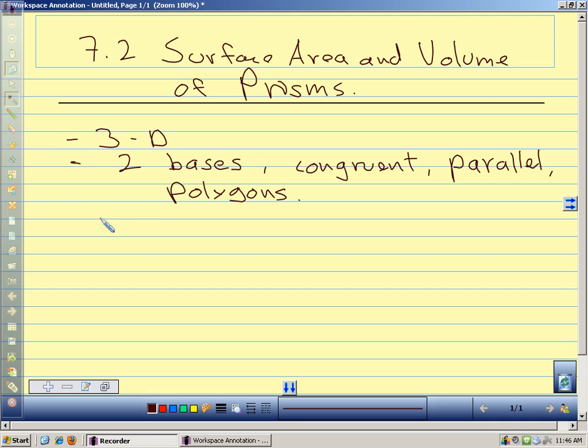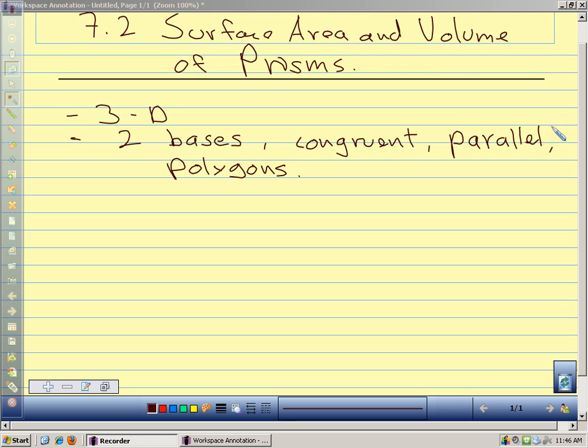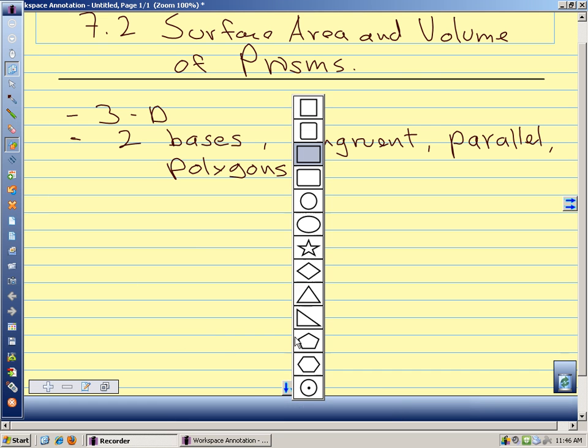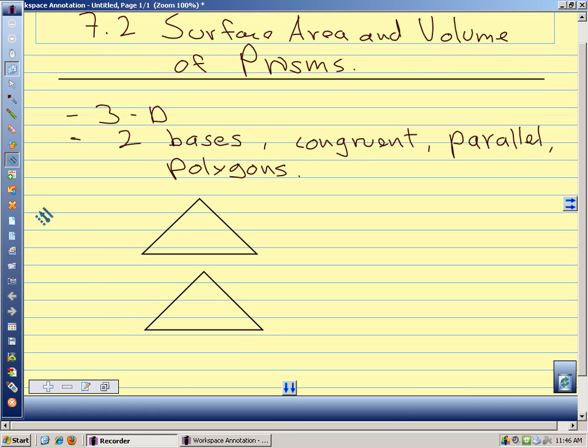So before we talk about the formulas that we're going to use today, we need to know one other part of a prism. So let's draw a prism here. I'll make it a triangular prism. So here are our bases.